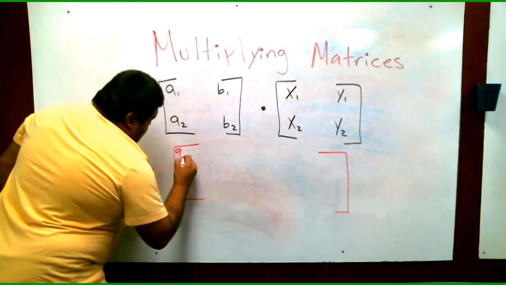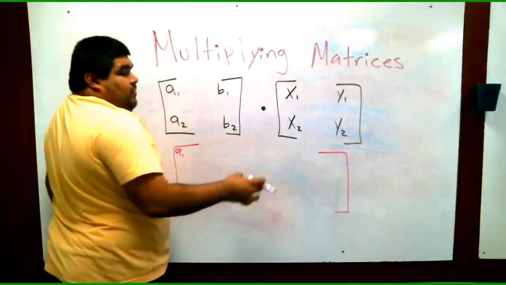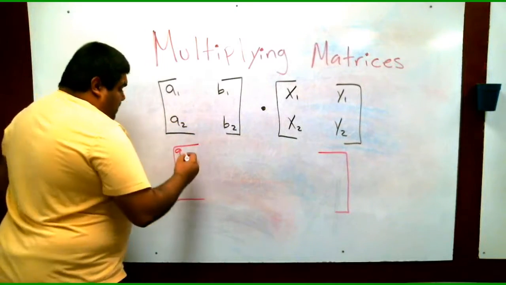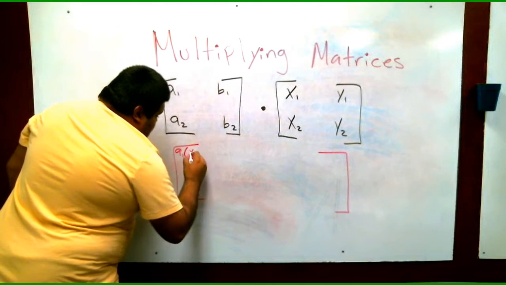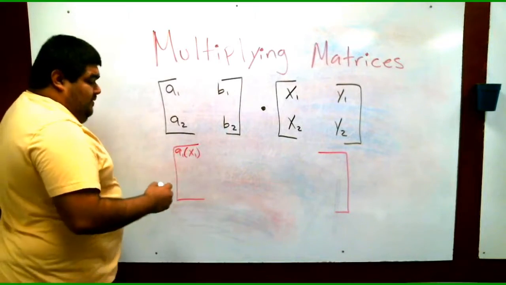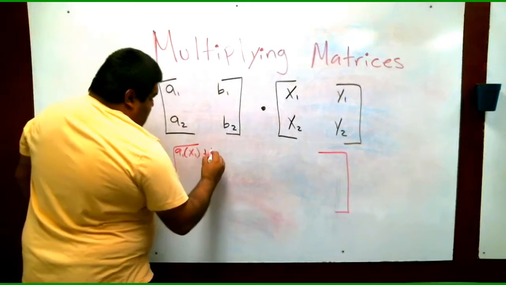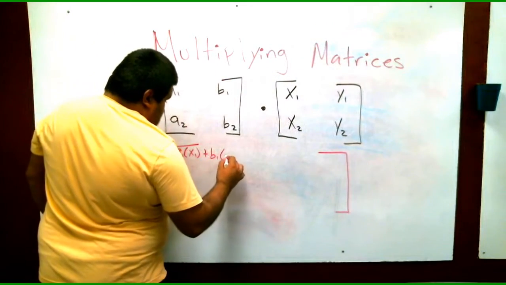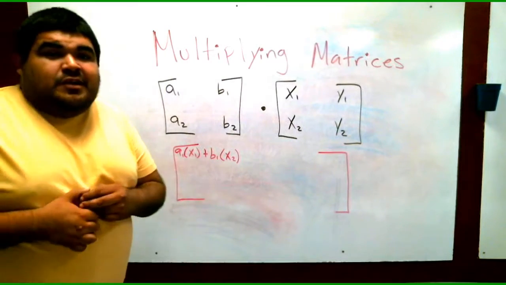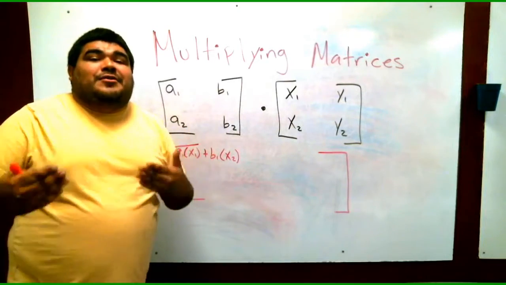You have A1 times the number in the same quadrant of the other matrix, okay? Upper left quadrant. So we have A1 times X1, but at the same time, you have to add B1 times X2. I know it looks complicated. Write it down for now. We're going to work on it once I put actual numbers in there, because you're going to start seeing a pattern.